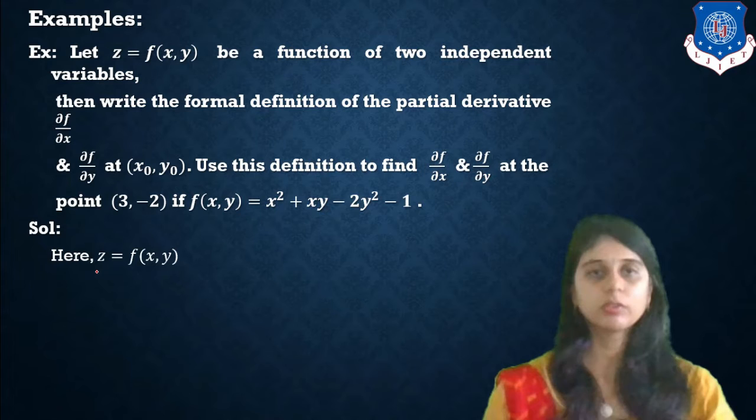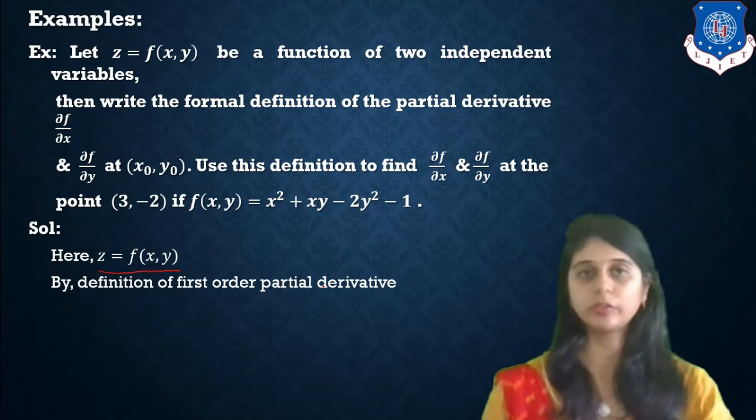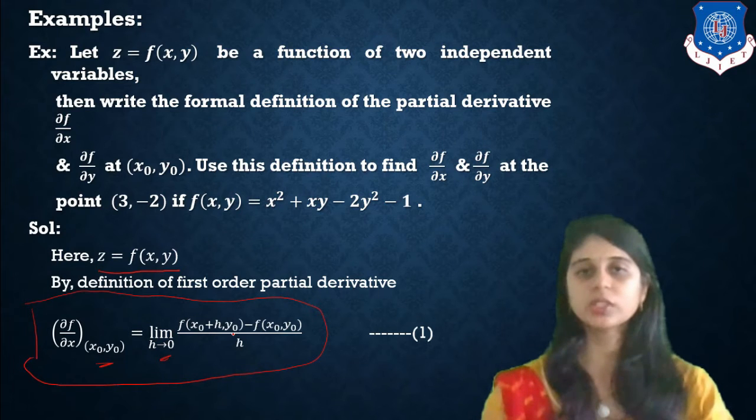Now the solution. We take z equal to f of x, y. By the definition of the first order partial derivative, del f by del x at x0, y0 is the limit as h tends to 0 of f of x0 plus h, y0 minus f of x0, y0, upon h. We call this equation 1.